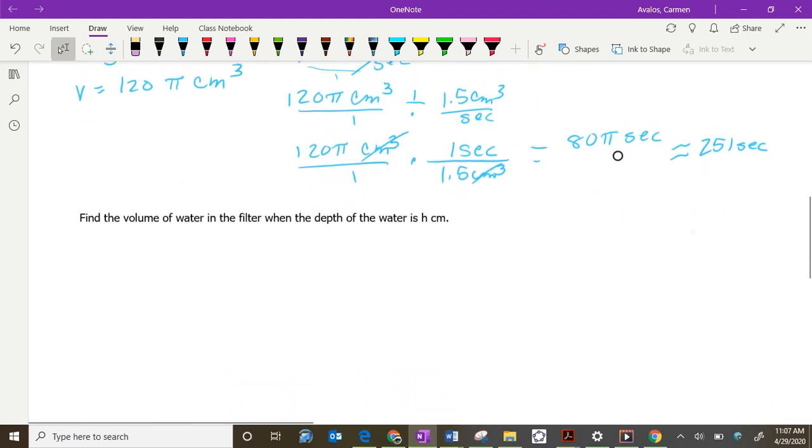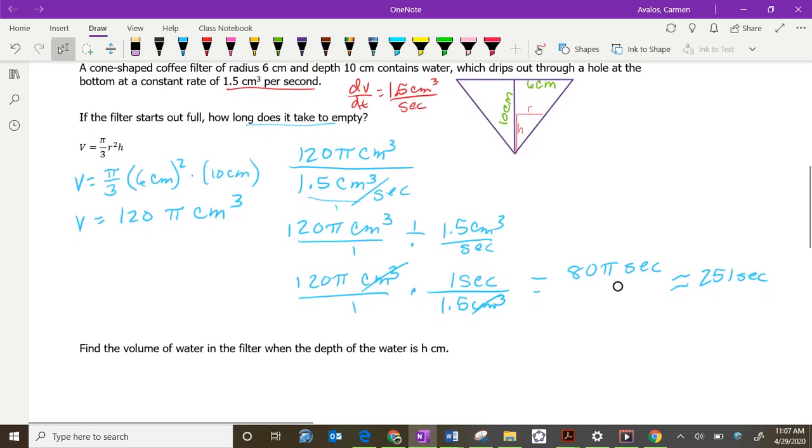Okay, and then it's the same problem. We're still talking about the same thing. It says find the volume of the water in the filter when the water depth is h centimeters. If I look at this, this is the proportion, and here is your h.